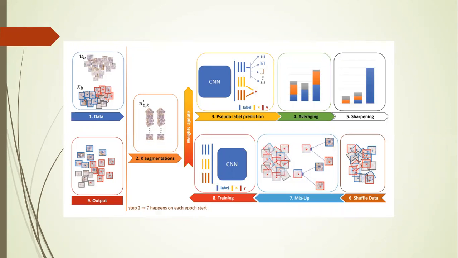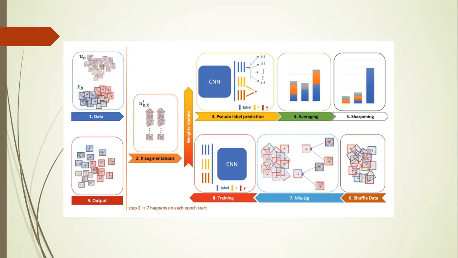So here is the schematic diagram of the proposed HydraMixNet. This is the unlabeled data UB and this is the labeled data XP. First we take the unlabeled data UB, which is subjected to K augmentations to generate U-BK.